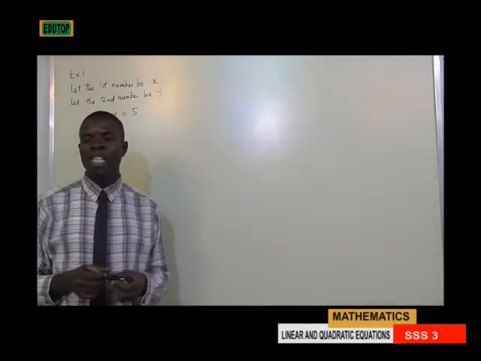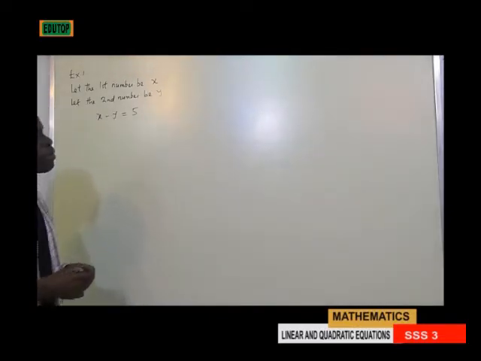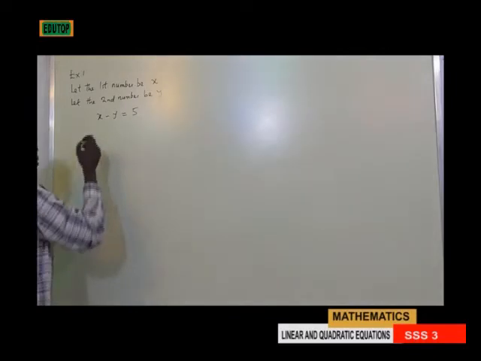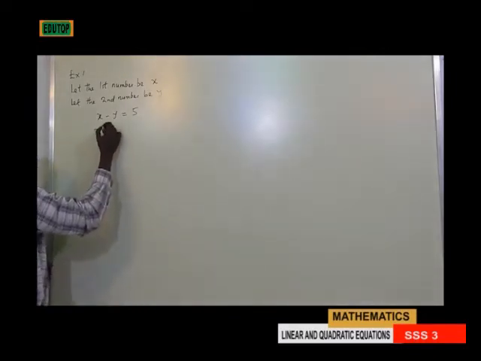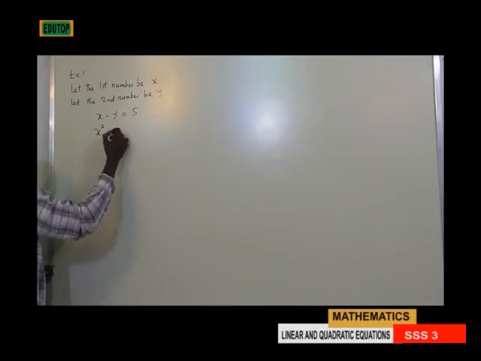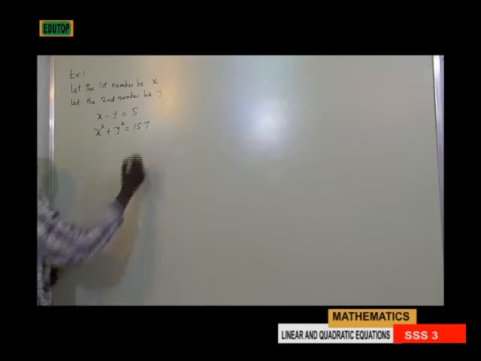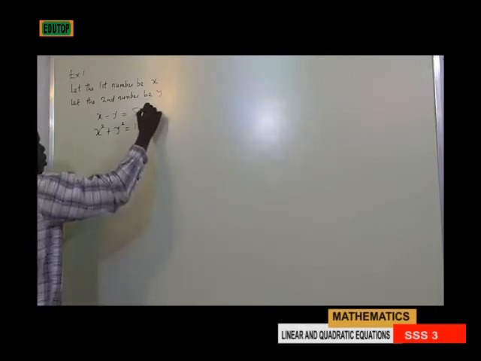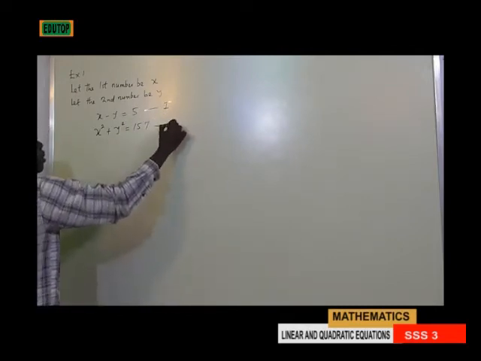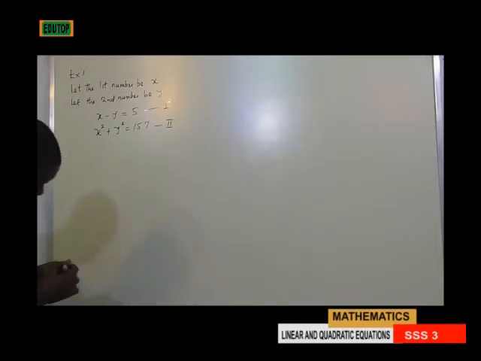Now, the sum of their squares is 157. That means the square of the first one is x squared, plus y squared must give us 157. Let's call this equation 1 and this equation 2.